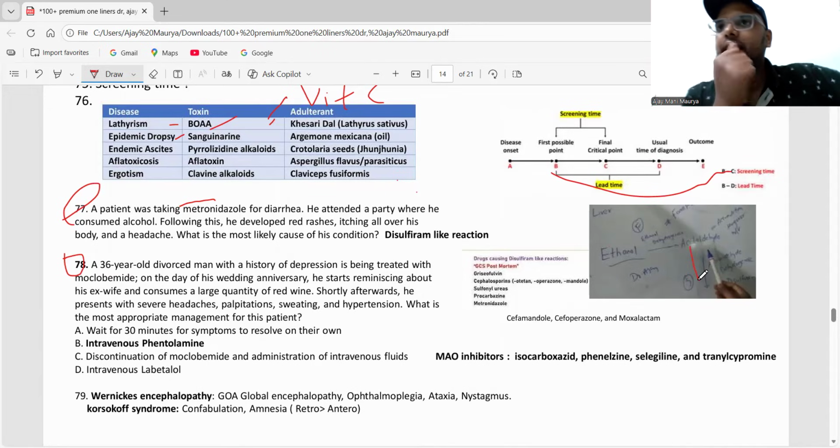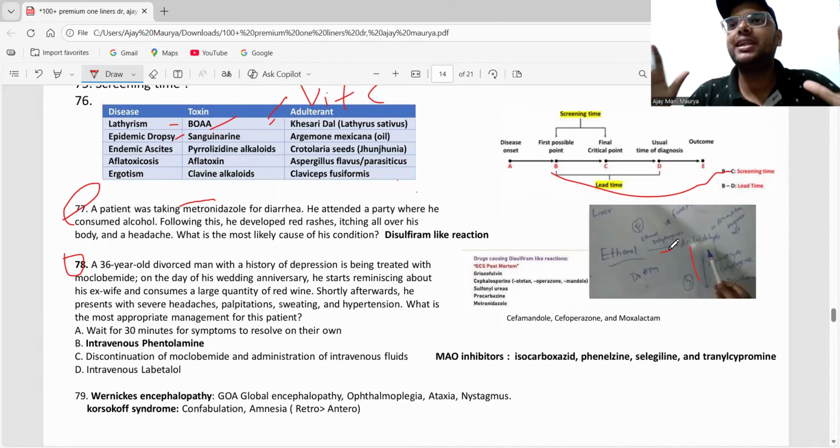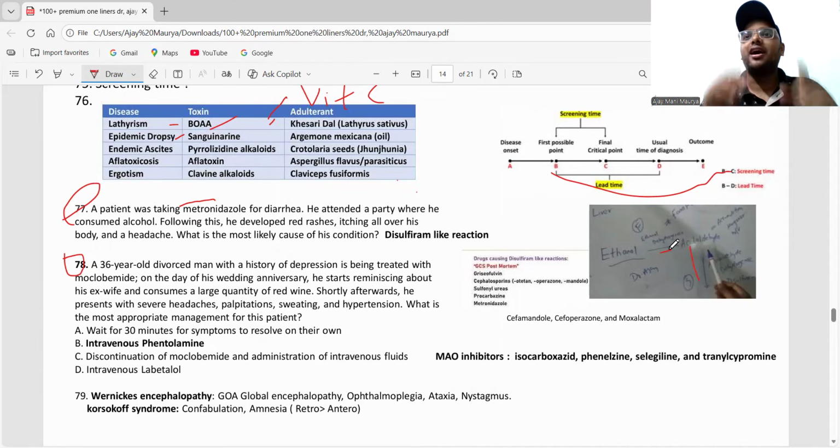Remember, in order to convert ethanol to acetaldehyde, what is the enzyme required? It is alcohol dehydrogenase. What is the enzyme required for acetaldehyde to acetate? It is acetaldehyde dehydrogenase.